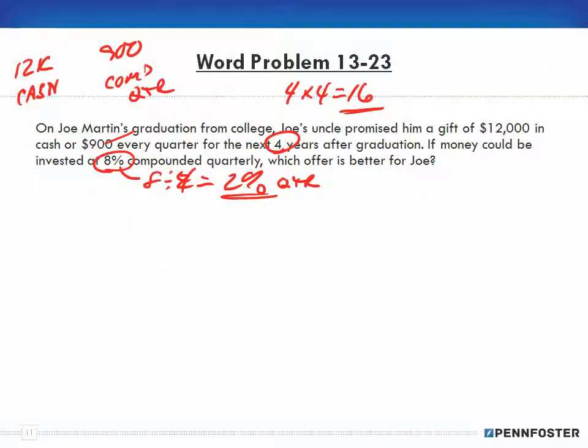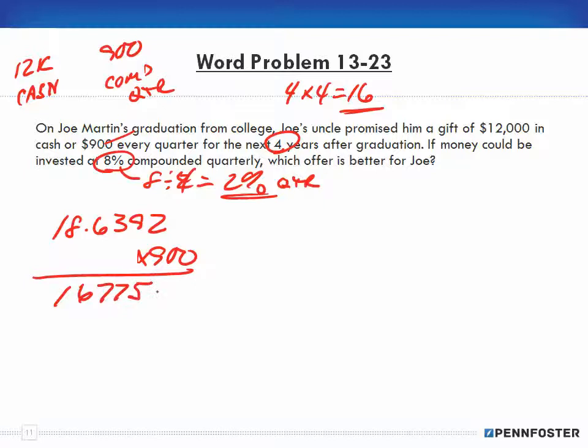I take the 18.6392 and multiply that by the $900, and I end up with $16,775.28 as a future value.